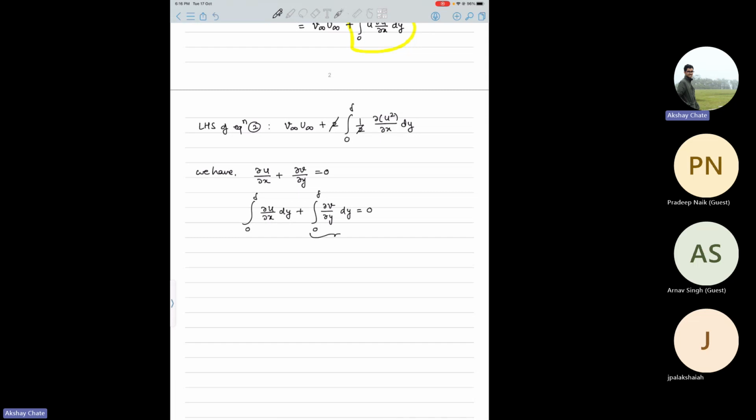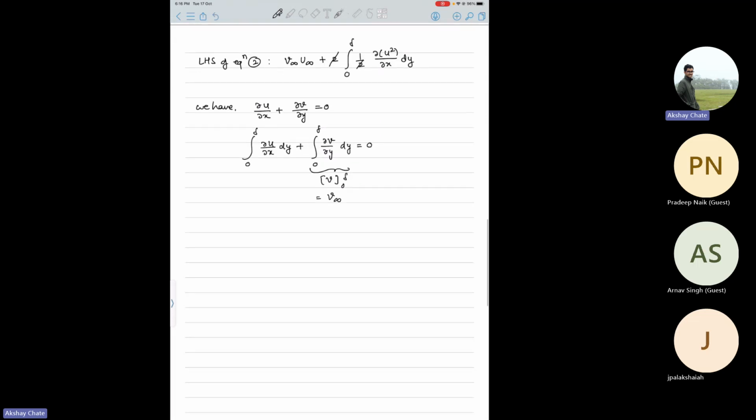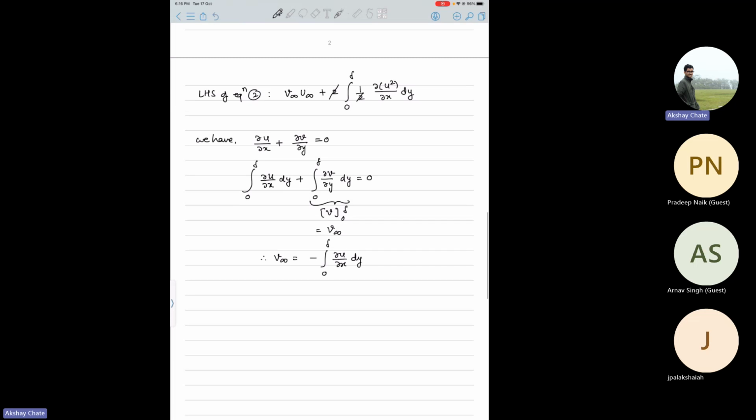Now if you look at this term, it will become the v velocity from 0 to delta, which is nothing but v infinity, right? So now we got v infinity in some form. Therefore we have v infinity as minus the integral from 0 to delta of del u by del x dy. Now you put this in equation number, let's say 3.